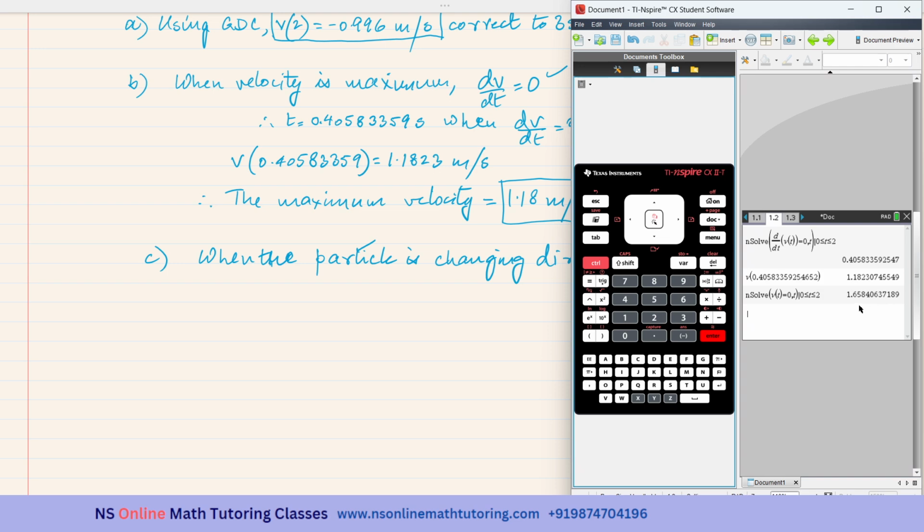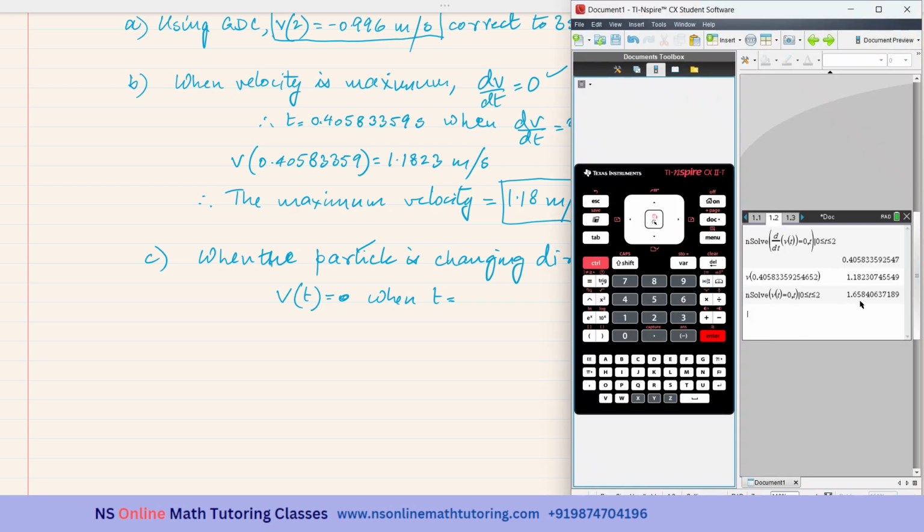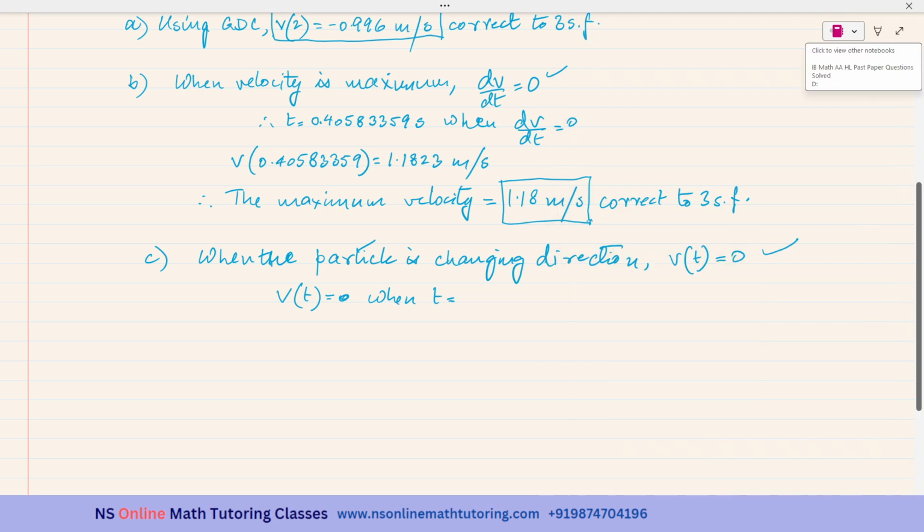Fine. So 1.658406. So v of t is equal to 0 when t is equal to 1.658406 seconds.